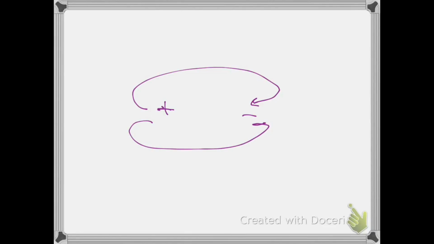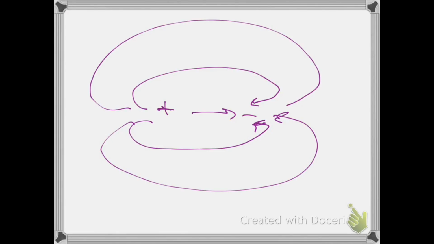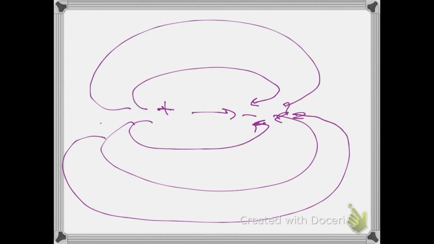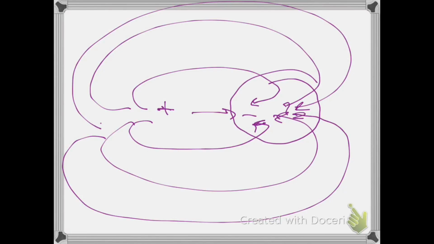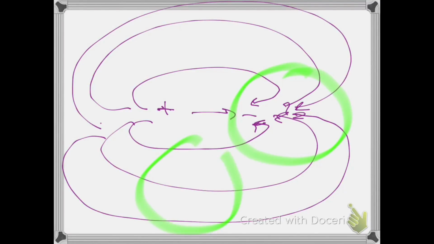The electric field of a dipole looks something like this. Again, notice that the field lines are more dense close to the charge, less dense farther from the charge.